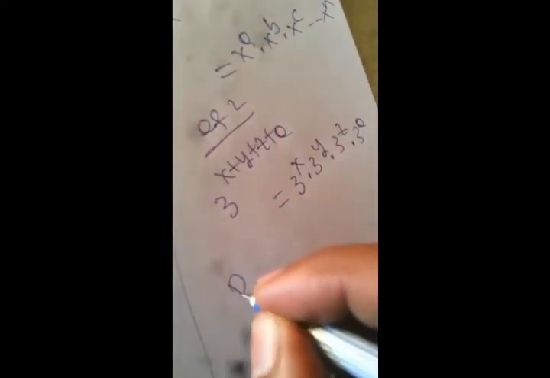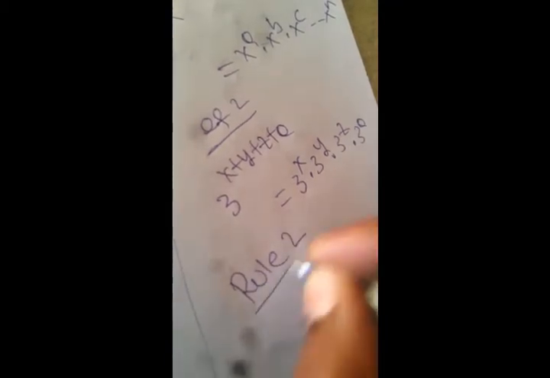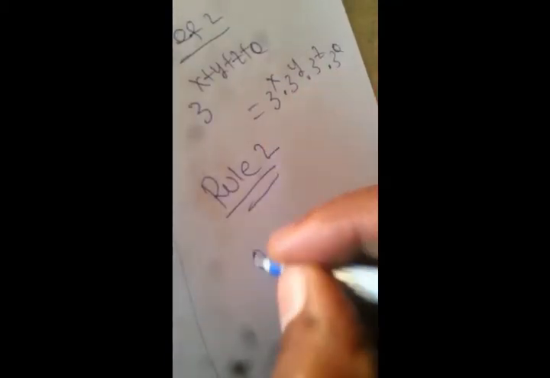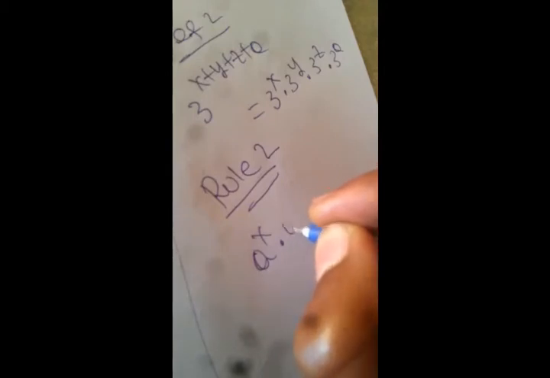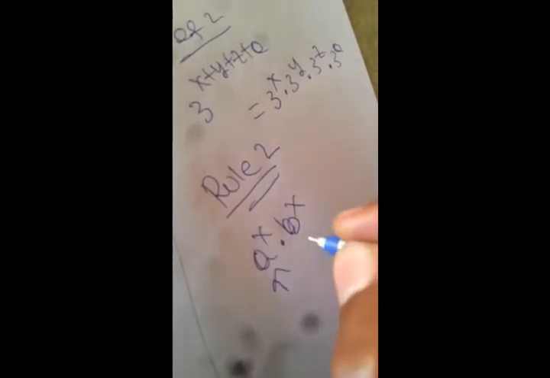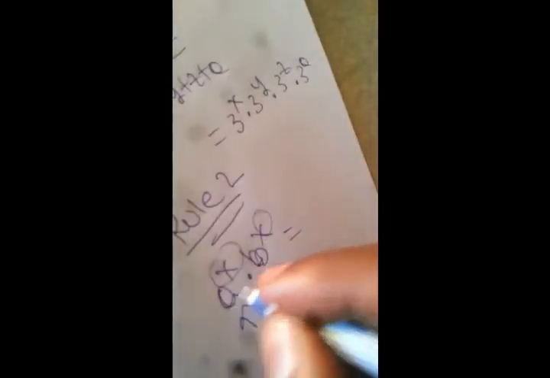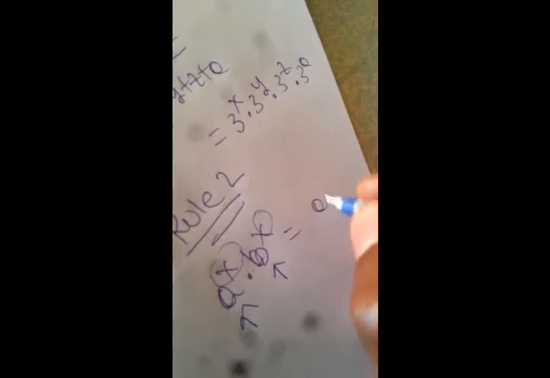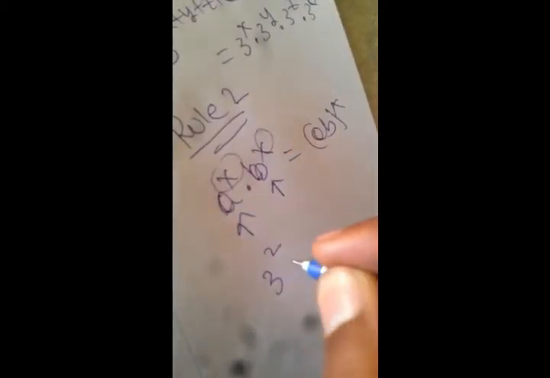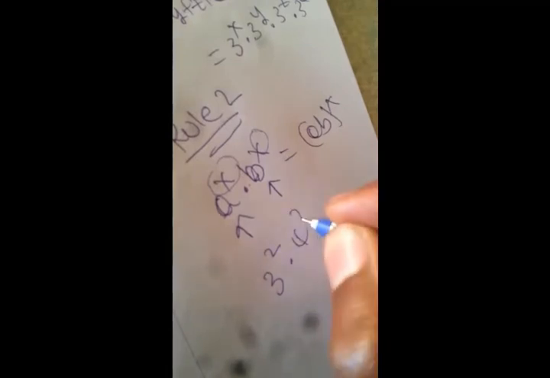So rule 2 will be, when you are given a raised to x times b raised to x, if the bases are different and the exponents are the same, then we will multiply the bases, ab raised to x. For example, 3 squared times 4 squared.